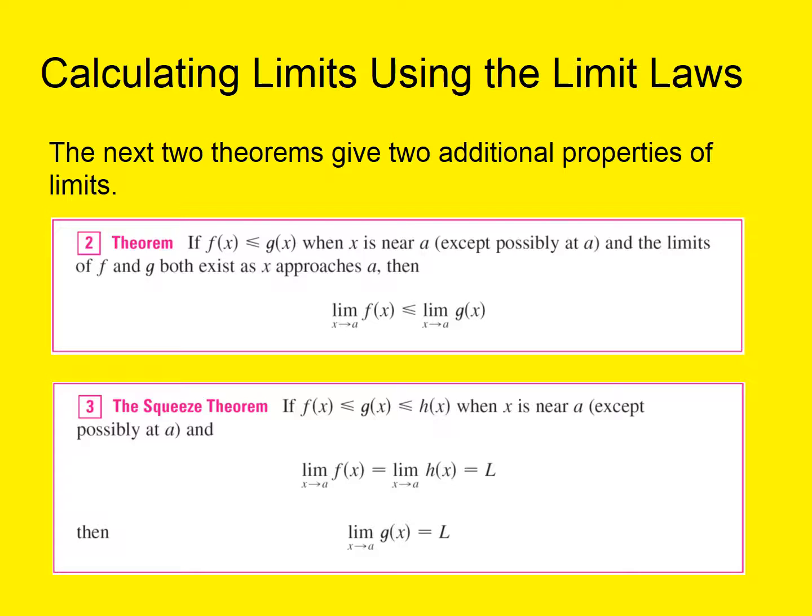If it happens to be true that the limit as x approaches a of f of x is equal to the limit as x approaches a of h of x, we know something about the limit of f and of h, and we're still not saying anything about g, but those two limits are the same. Call that value L. Then we can also say that the limit as x approaches a of g of x is equal to L.